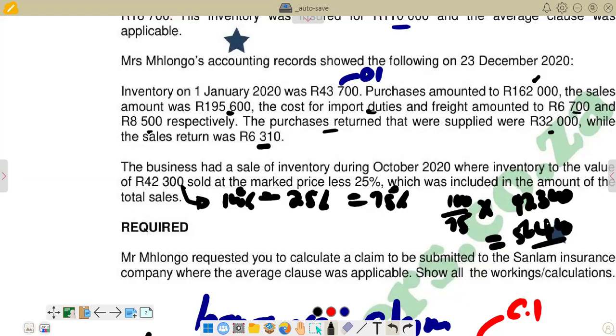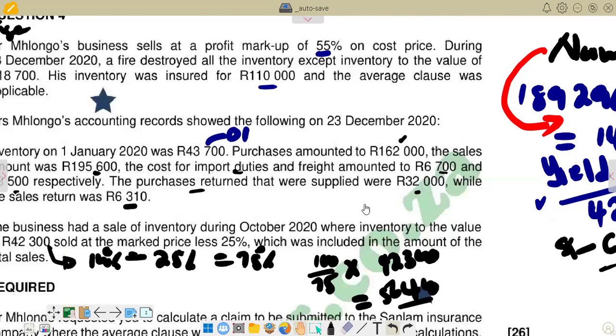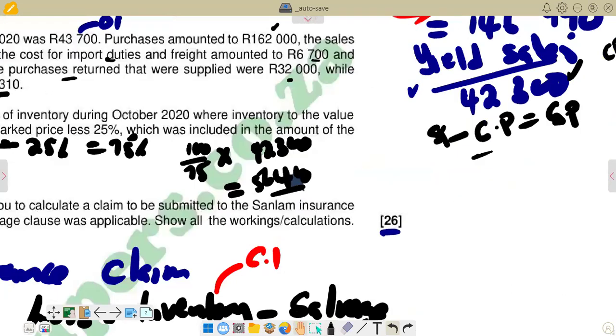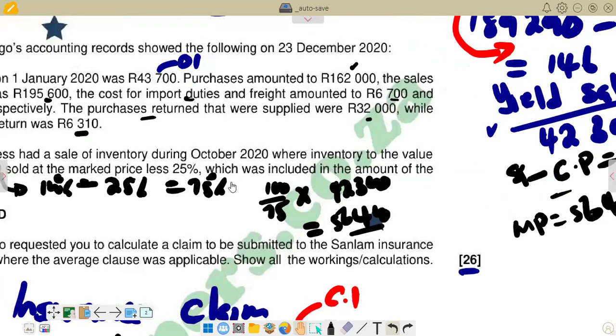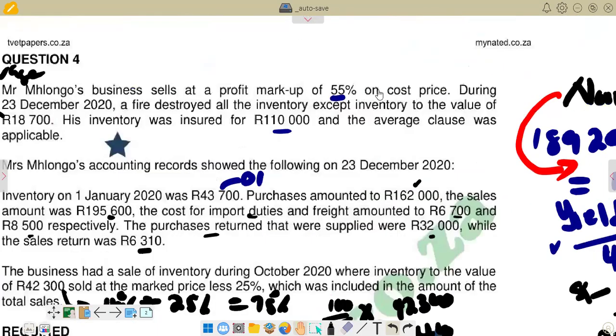So after getting the market price, we can now calculate the cost price. Remember, we've got our market price is 56,400. To calculate the cost price now, we can go back to the beginning of the question and see what they are saying. We've got a 55% markup on the cost price.